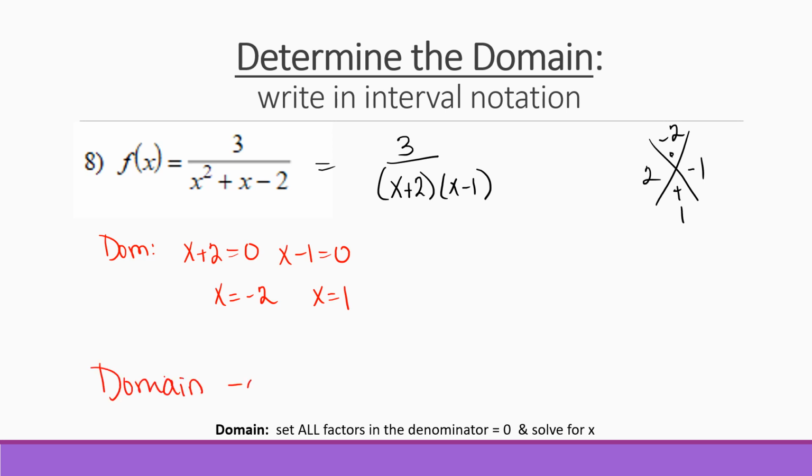We're going to start at negative infinity, travel to the first vertical asymptote, the least one, so negative 2. We can travel between the asymptotes, so union, negative 2 to positive 1, and finally go from that last vertical asymptote out to positive infinity, 1 to infinity.